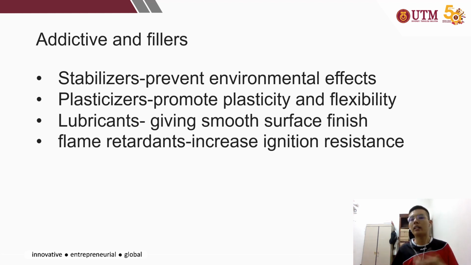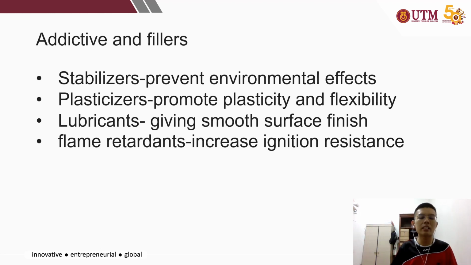The additives and fillers we add include stabilizer, to prevent environmental effects that would cause the polymer to change. We add stabilizer so that it does not chemically change. Stabilizer can prevent the polymers from degrading by UV, by heat, and by light.